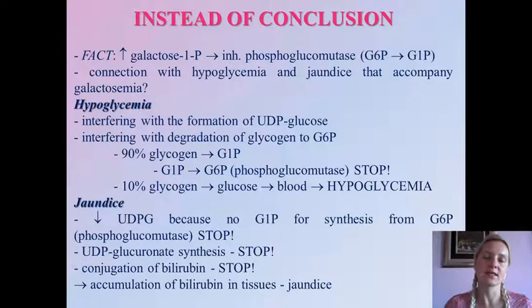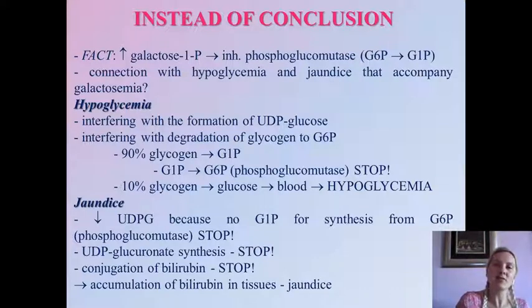Speaking of jaundice, we mentioned that galactosemia interferes severely with the production of UDP-glucose. So the levels of UDP-glucose drop down because for UDP-glucose synthesis we need glucose 1-phosphate. And glucose 1-phosphate is obtained from glucose 6-phosphate. So if phosphoglucomutase is inhibited by accumulation of galactose, we cannot get glucose 1-phosphate, and we have to stop the formation of UDP-glucose.